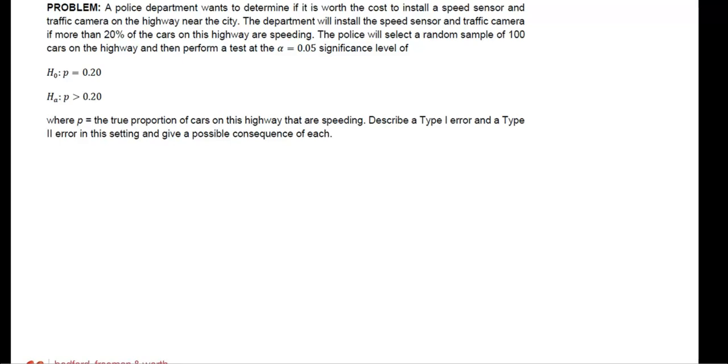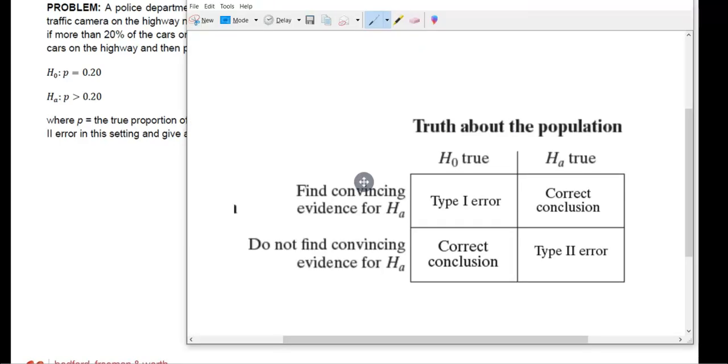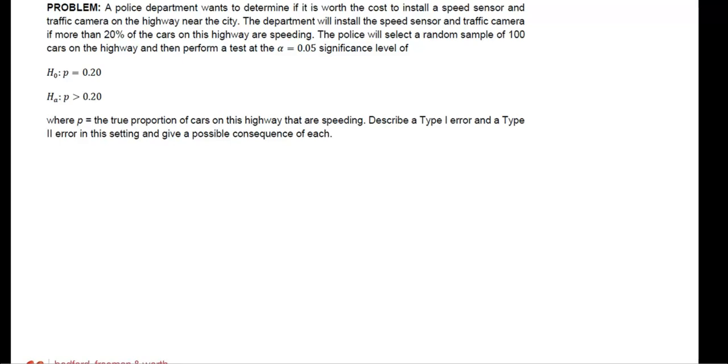Okay, so for this question we don't do the test. We just have to describe what a type 1 error would be in this setting and give a possible consequence. Again, a type 1 error is when you reject, so you find convincing evidence, but actually the null was true. Oh, we made a mistake. So the police think more than 20% are speeding, but actually not more than 20% are speeding.